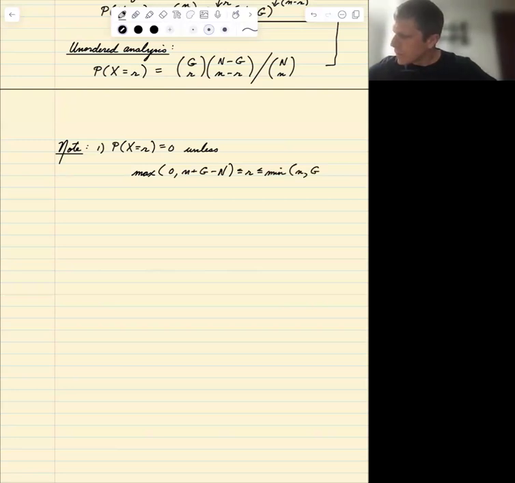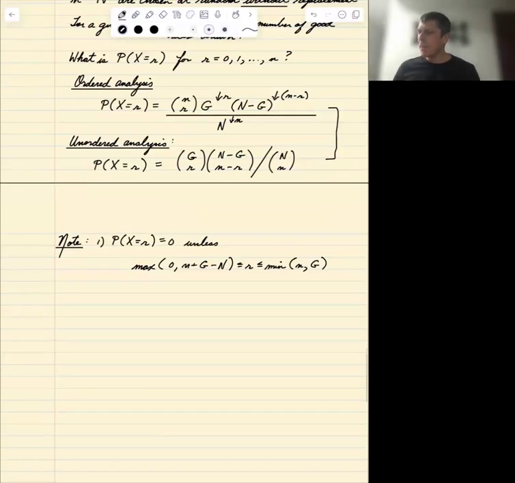R cannot be greater than the minimum of n and G. Why? Well, suppose R was greater than G, then here we'd be asking to pick more good balls than there are good balls. Can't choose 10 things out of 8, right? And if R was bigger than little n, then we'd be trying to choose a negative number of bad balls, which you can't do either. So that explains this upper bound.